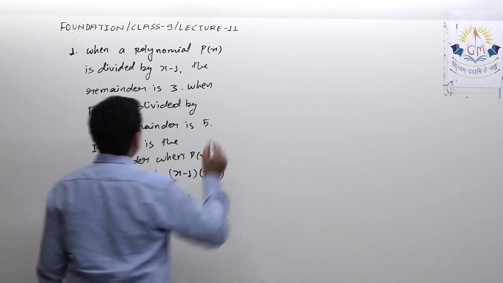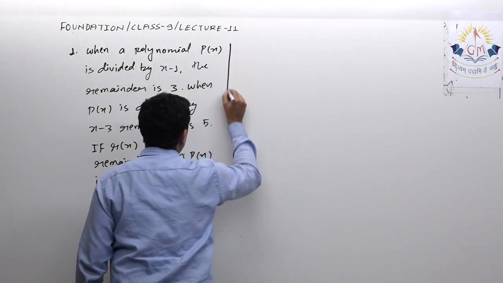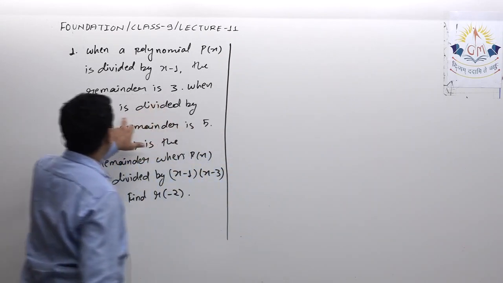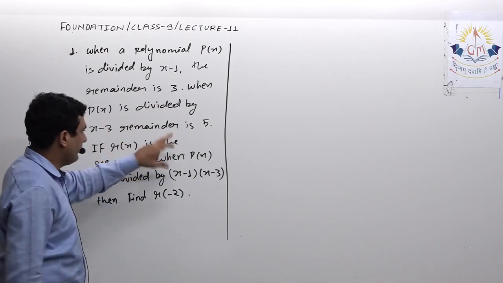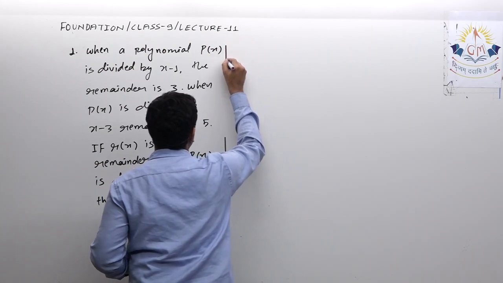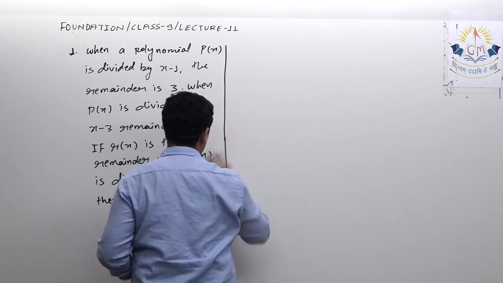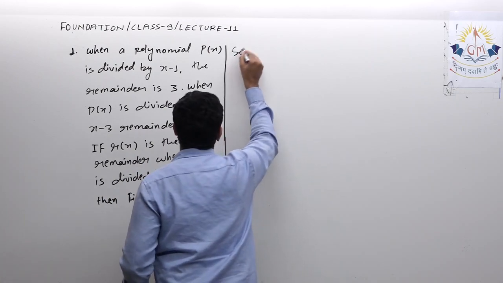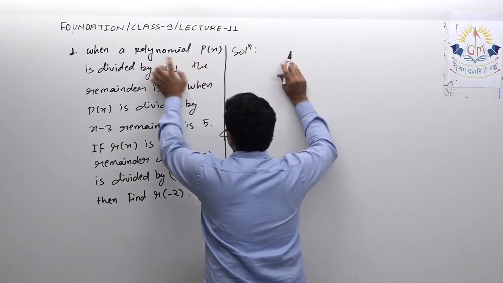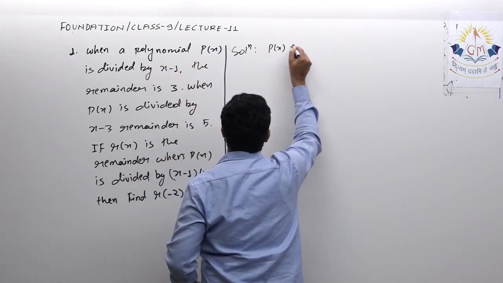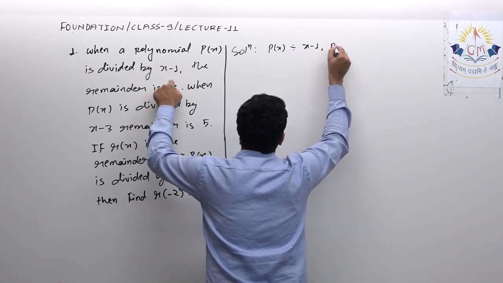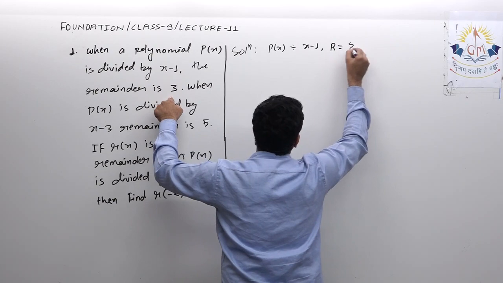Okay, so if a polynomial p(x) is divided by x minus 1, it gives a remainder 3. When it is divided by x minus 3, it gives remainder 5. So the question is, if that polynomial is divided by (x minus 1)(x minus 3), then what will be the remainder R(x), and we have to find R of minus 2. It is given that when p(x) is divided by x minus 1, the remainder is 3.